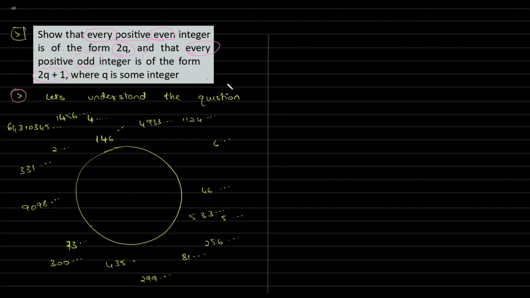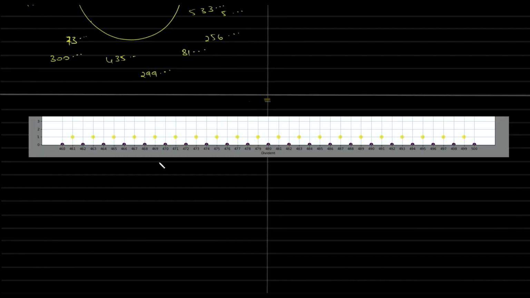If you remember the Euclid Division Lemma we just studied in the other video, we saw that any number can be written in the form of divisor into quotient plus remainder. In the same pattern, here too the divisor is 2, where q is your quotient. That's why I took the divisor to be 2.